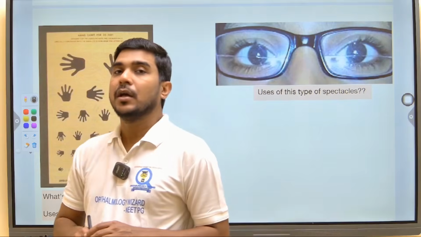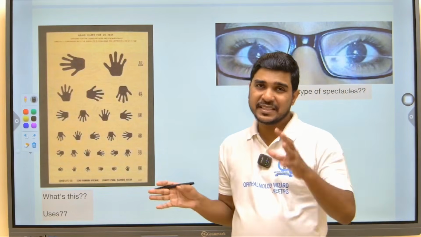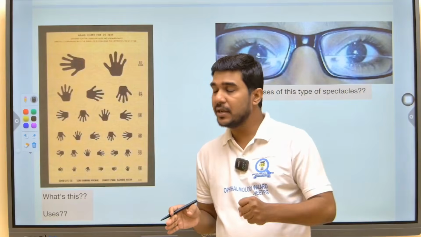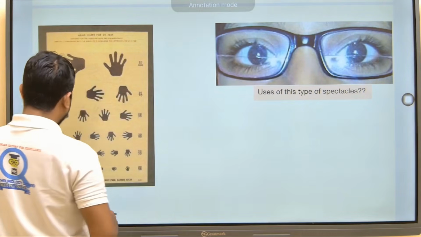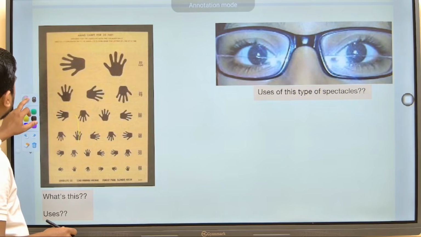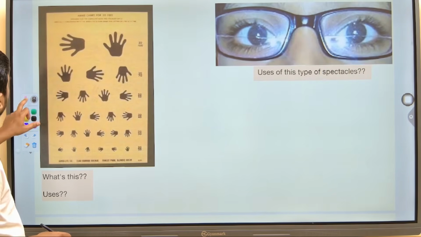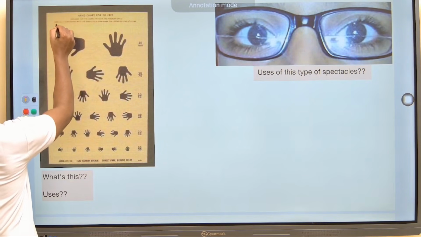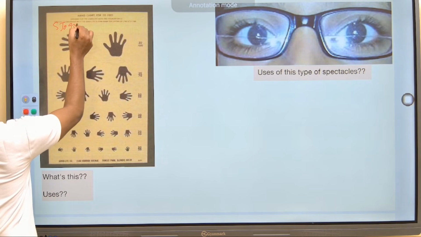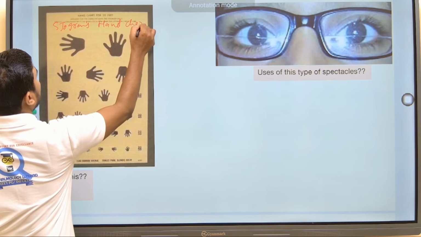Coming to this important MCQ, this is coming to the end of the optics. One more image is left for the optics images. What is this image? I have written it very simply. The question is simply asking, what is this? This is nothing but Jogren's hand chart.